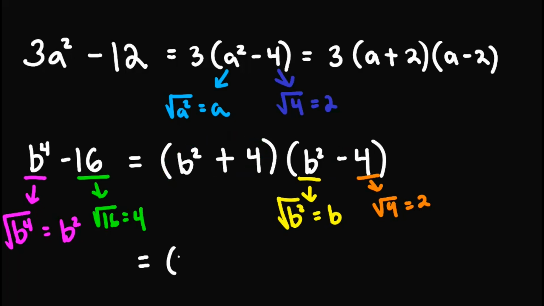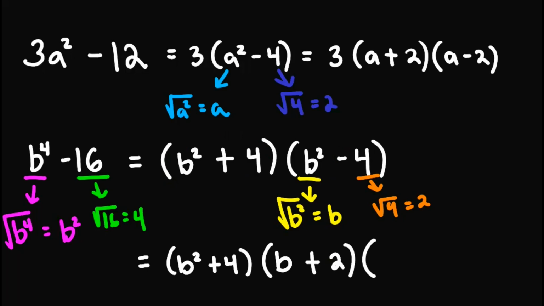So we'll have b squared plus 4, and factoring the b squared minus 4, we will have the square root of the first term, which is b, plus the square root of the second term, which is 2, times the same binomial but with subtraction. And so this is the factored form of this binomial.